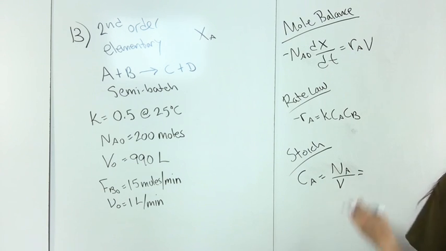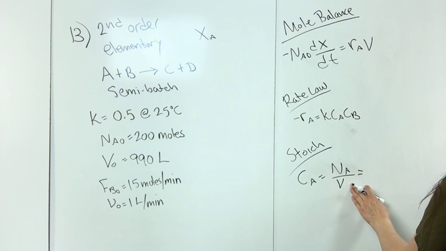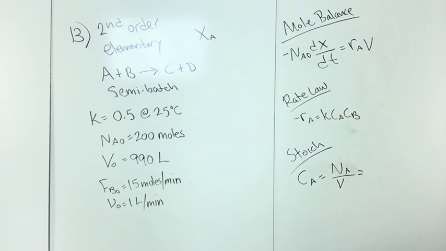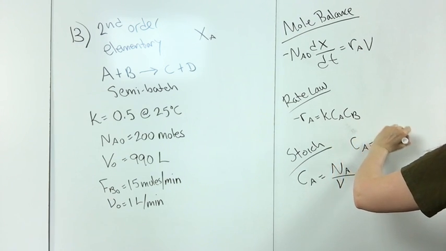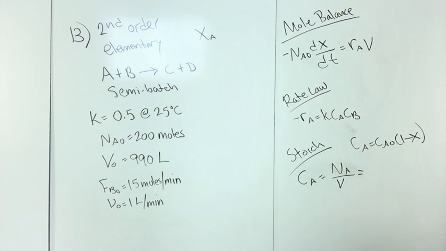I think that for a semi-batch, it's important to write your equation starting out in this form. If I had written CA is equal to CA naught times 1 minus X, that would be correct if my volume wasn't changing.